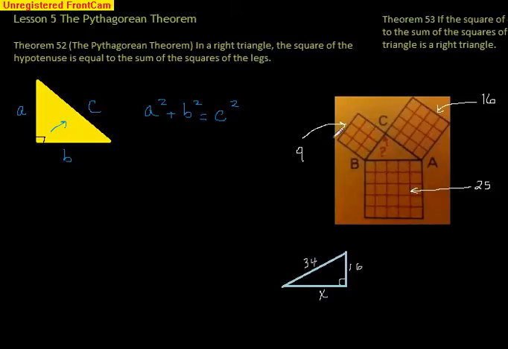If we square it, it's 9. And this is B, which is 4 blocks. If we square it, it would be 16. If we add those blocks together, it equals 25 blocks, which would be the square of this one. It's just kind of cool to see the visual of it. They try to use this visual a lot, and I'm not sure that it makes as much sense as just using this formula.